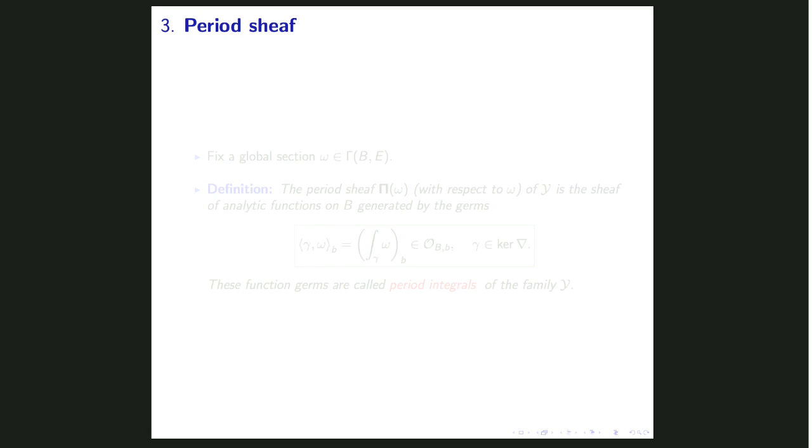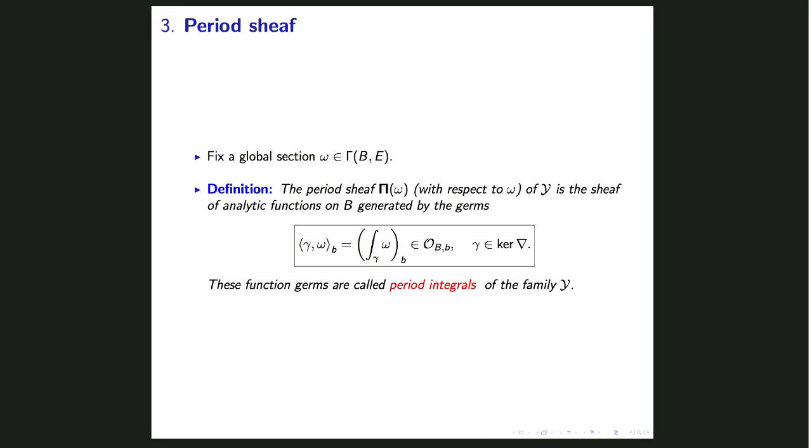All right, so let me introduce something called the period sheaf. Let's fix a global holomorphic section omega of the bundle E. With this choice of section, I want to pair this section with every parallel section of the homology group bundle.